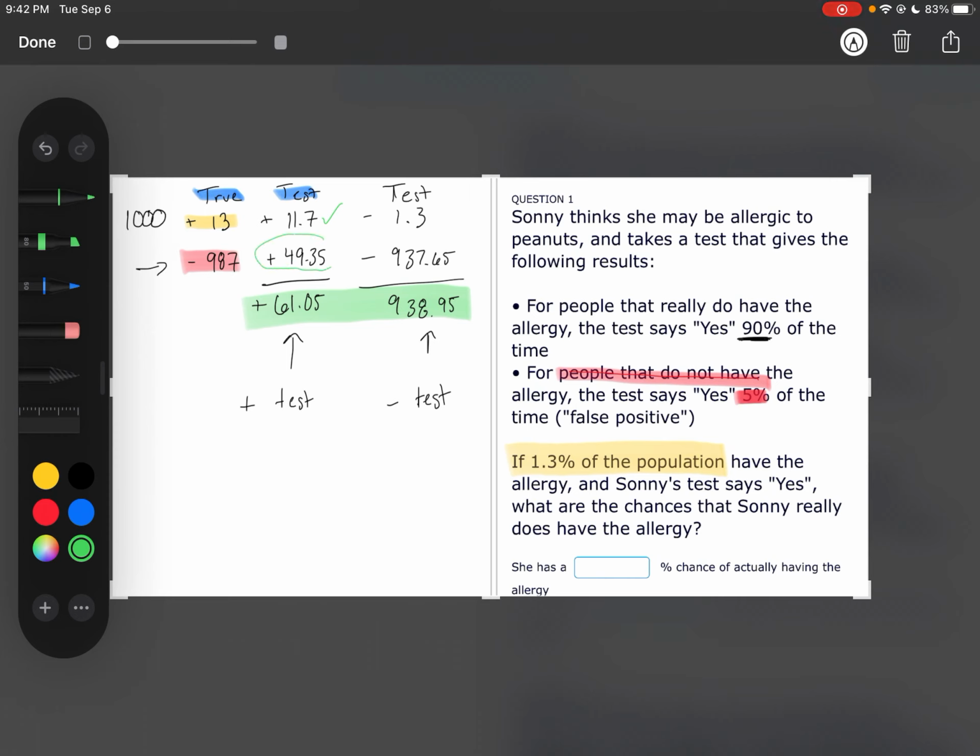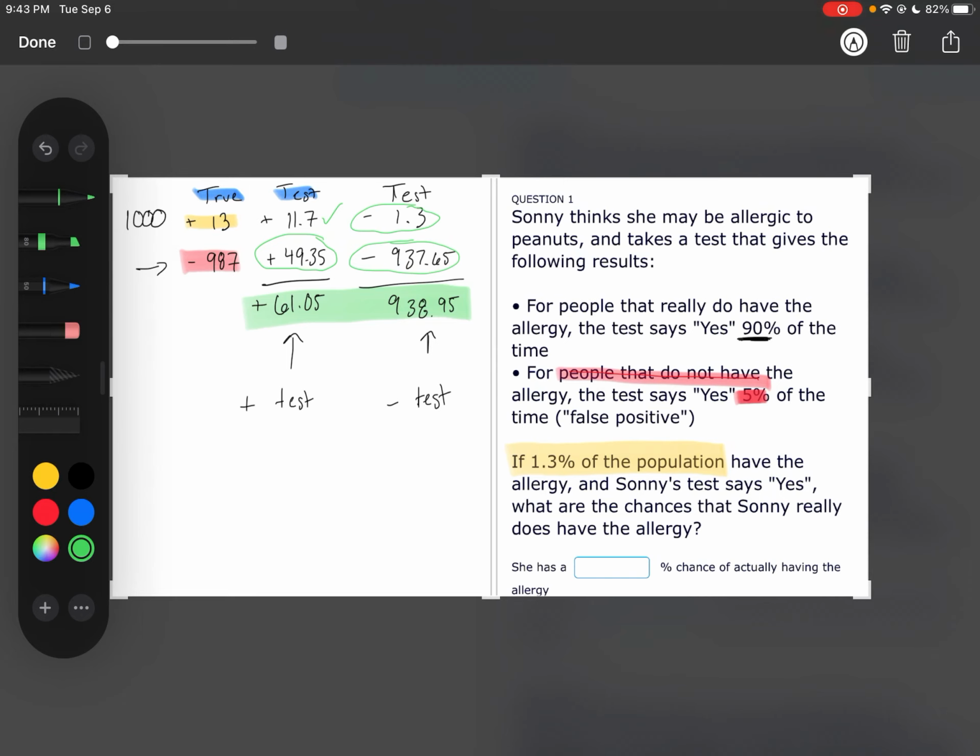And we can see that we have some false positives. So none of these people are actually allergic to peanuts, but they've unfortunately tested positive for it. And we have some false negatives too. So 1.3 people say that they're not allergic to peanuts on the test, but they actually are allergic to peanuts. And then all these people are accurate. So 937 people have tested negative for peanuts, and they are in fact not allergic to peanuts.